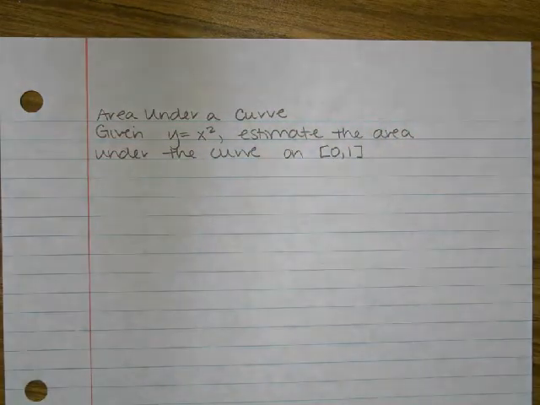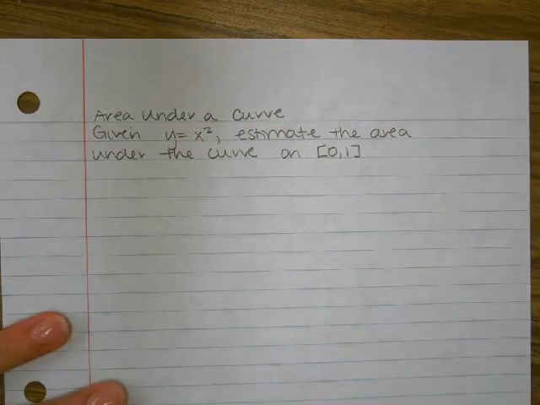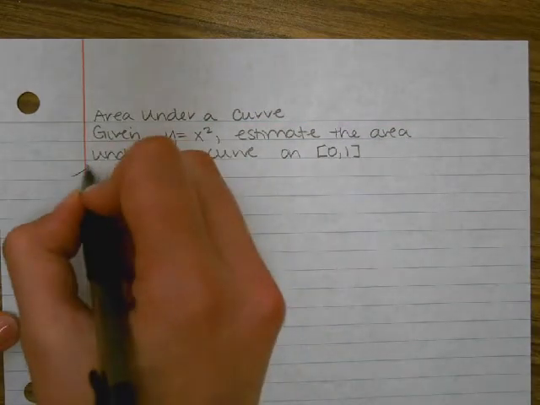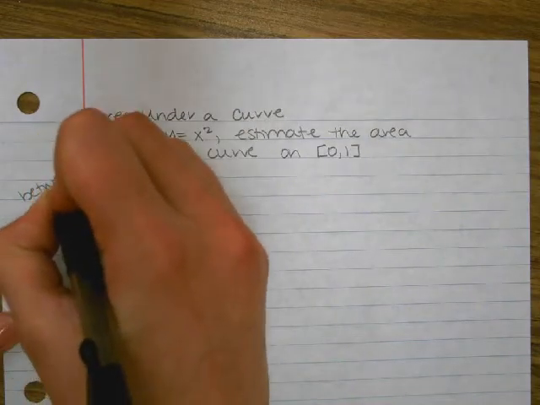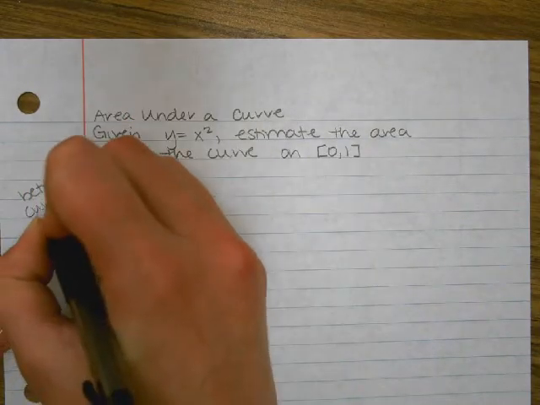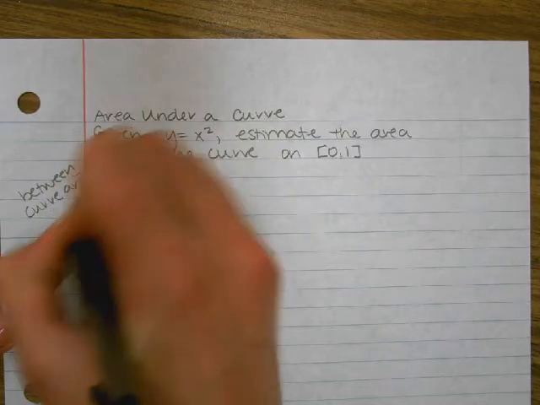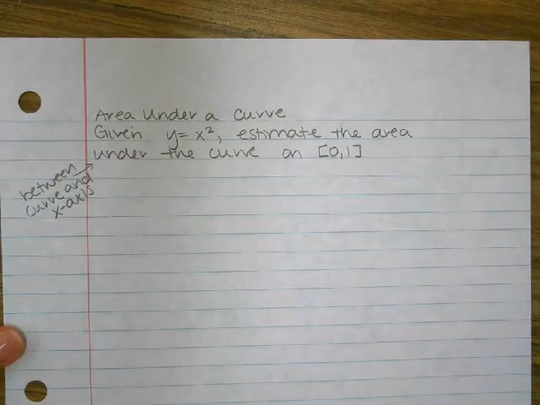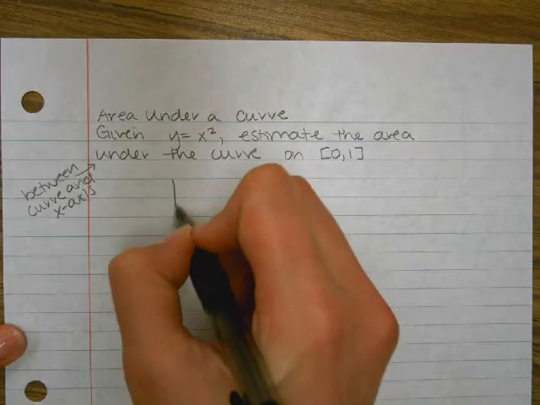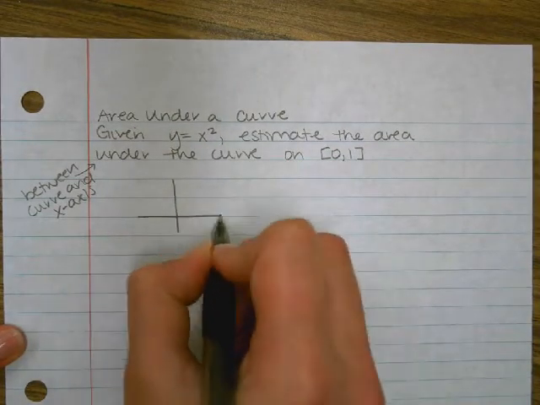And when we say under the curve, what we mean is between the curve and the x-axis. Okay, so let's go ahead and draw a sketch of what it is we're trying to find.